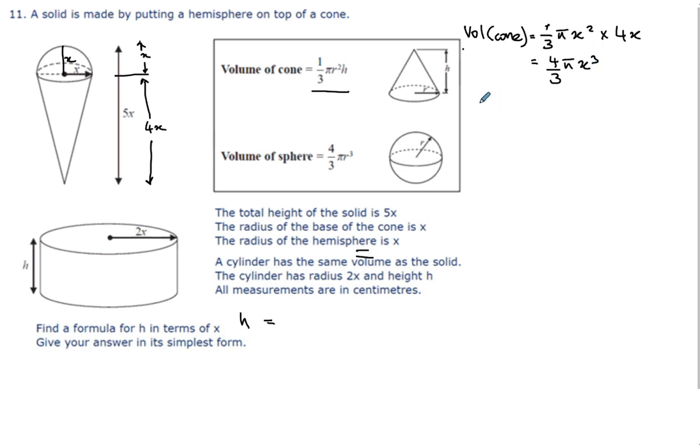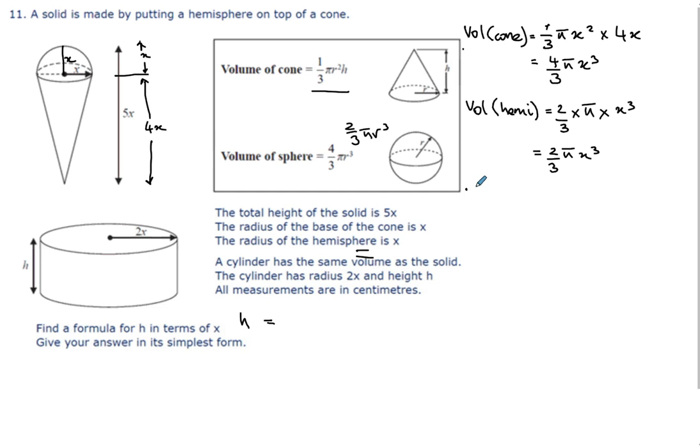Okay, yeah, and then the volume of the hemisphere, and we know that's going to be 2/3 pi r cubed. Okay, so we've got 2/3 times pi, and the radius is x, so we've got times x cubed. And if we get rid of these times, we've got 2/3 pi x cubed.